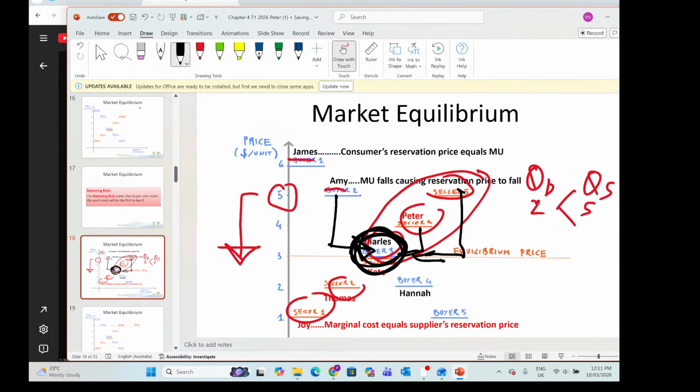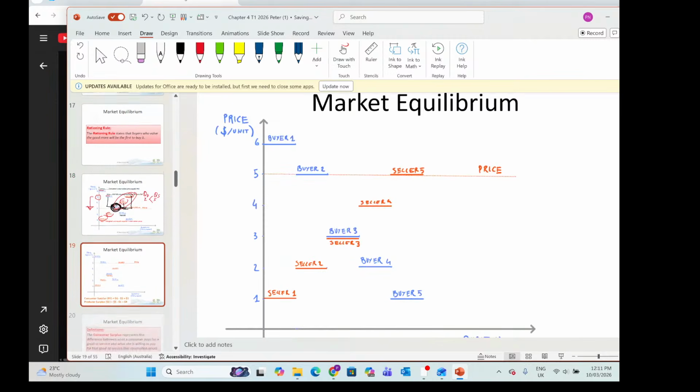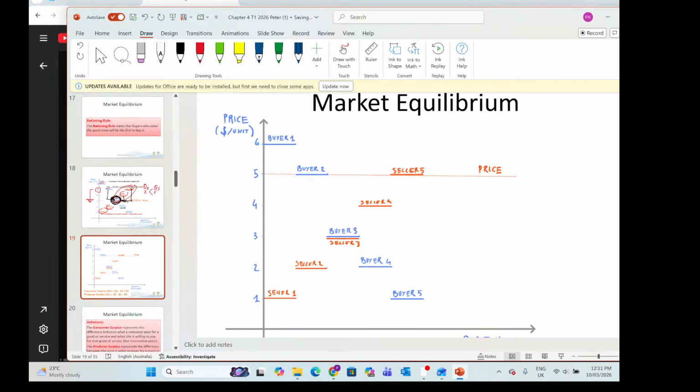Peter and the other seller, they both leave, and in the end, the market arrives at equilibrium. So if we come down to these other slides, we can see that at this price, the quantity demanded equals the quantity supplied, and people have no tendency to change their behaviour at that level.